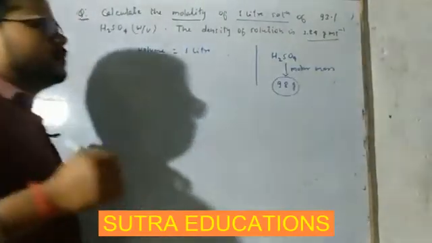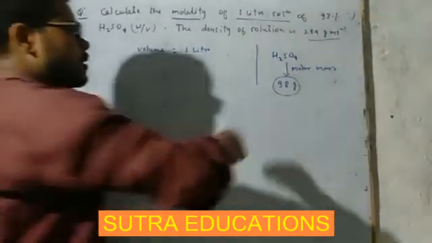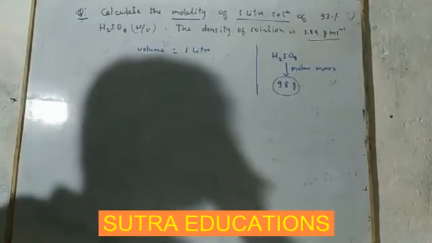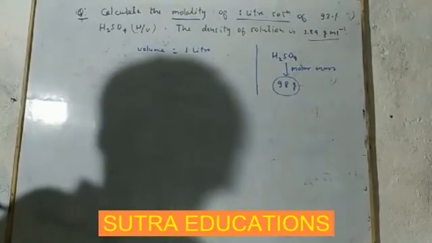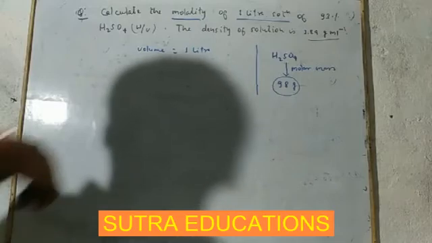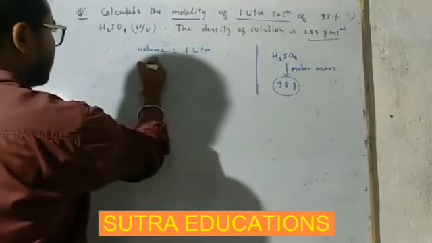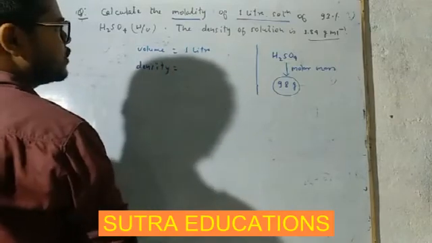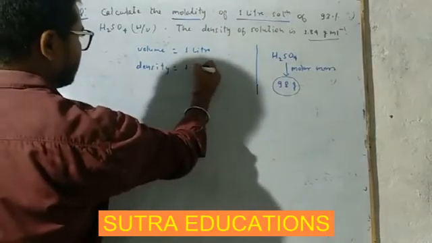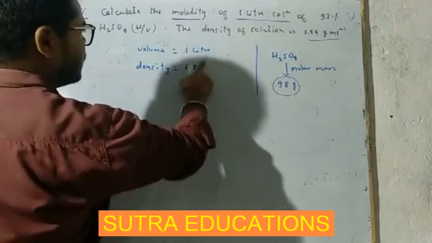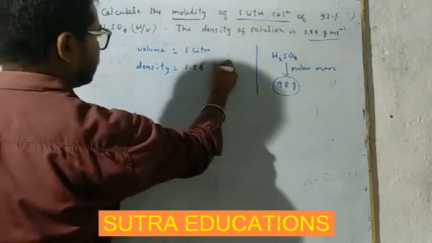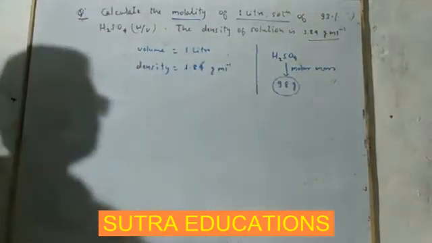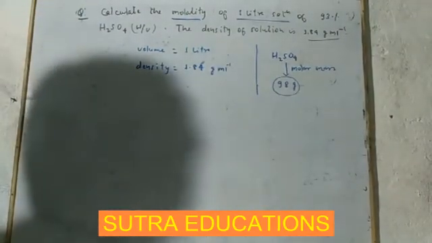Molar mass of H2SO4 is 98 gram. Okay, now calculate the molality of 1 liter solution of 93% of H2SO4. The density of solution is given, and density is equal to 1.84 gram ml inverse.